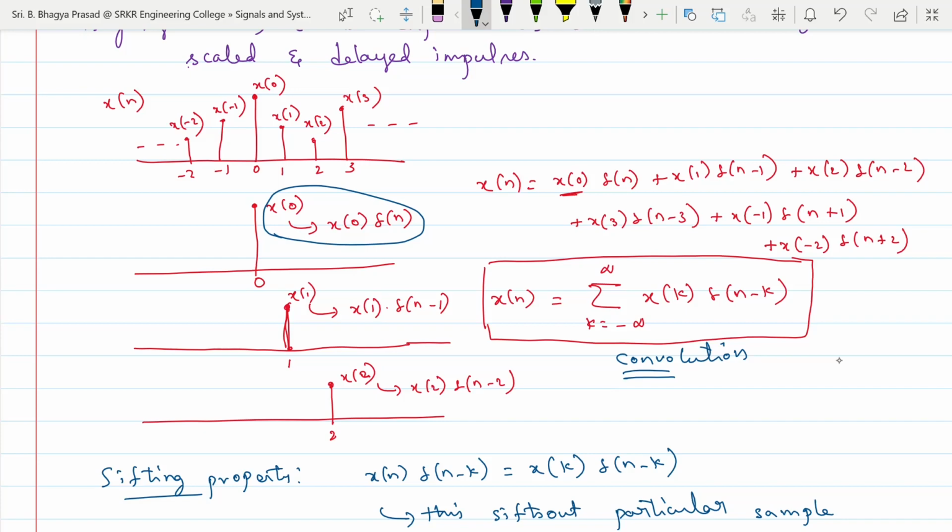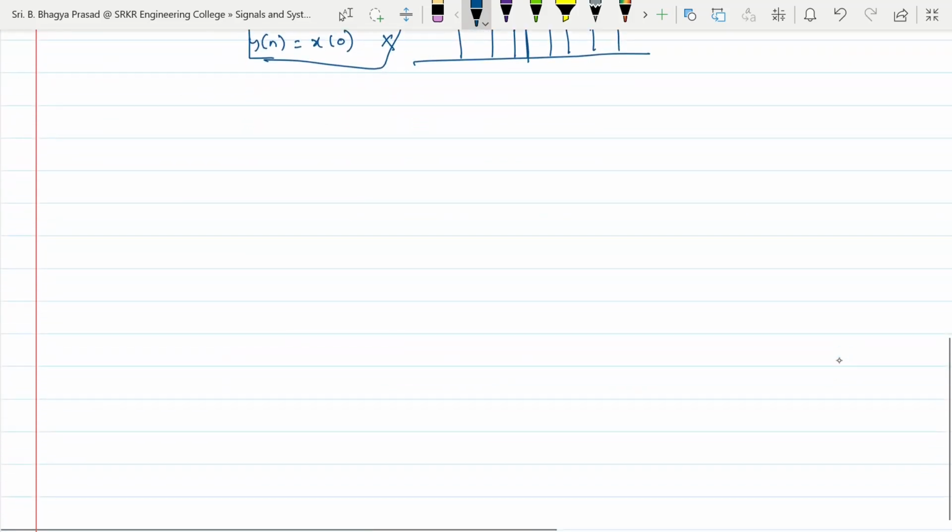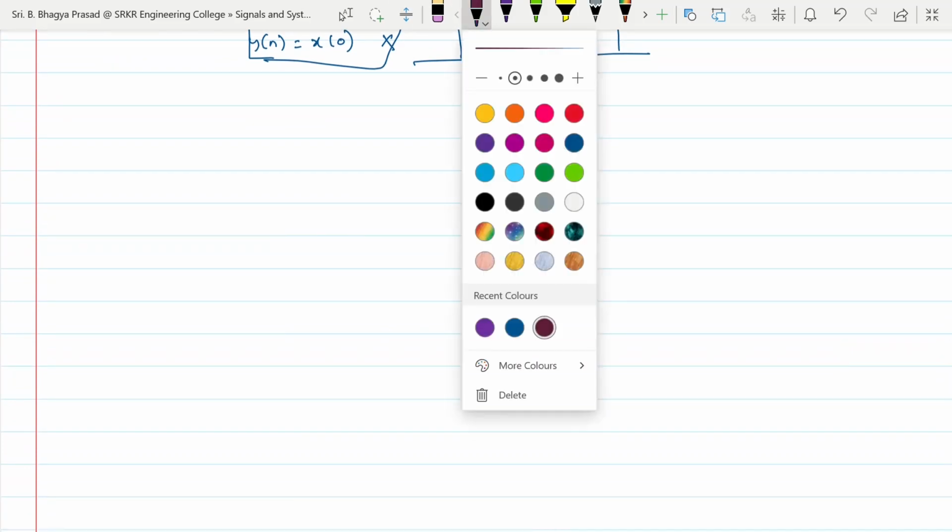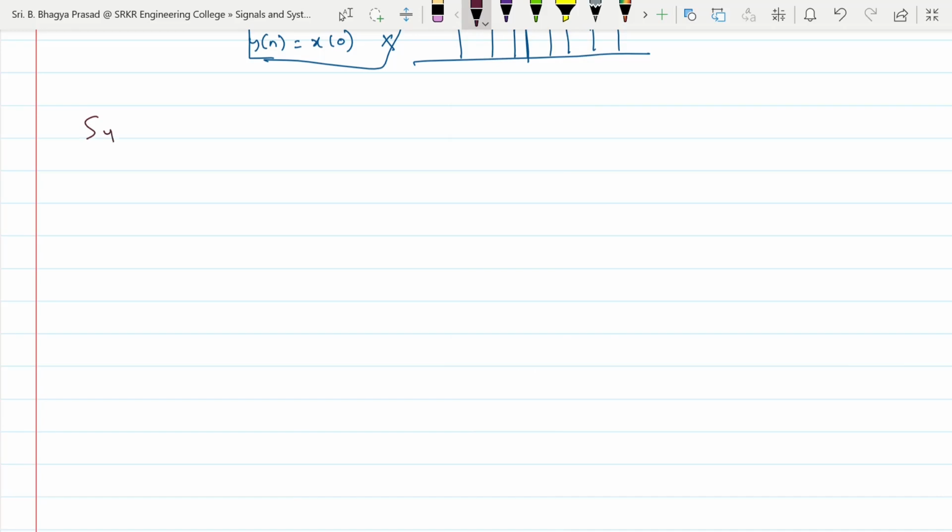Okay, the same if you go for the system, from the point of view of a system, we take a system like this and we give an input x[n], and we get an output y[n]. So if you give an input δ[n] for the sequence, we get an output h[n].